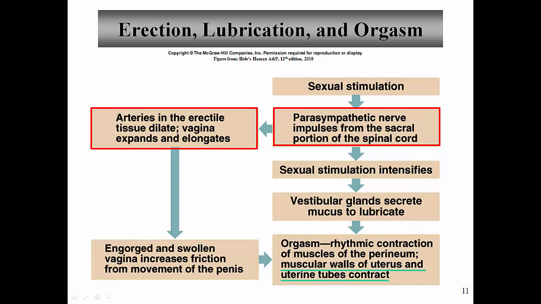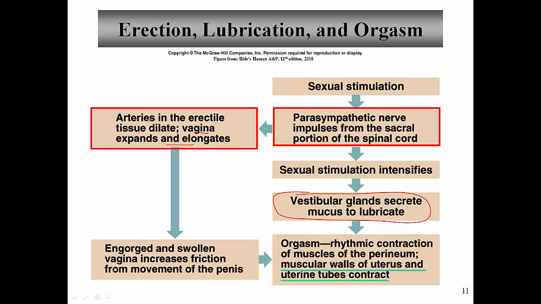And you'll see that here, this includes the vagina, which, as we mentioned before, expands and elongates. It also causes several other things like the vestibular glands to increase in size, being filled with blood. They also begin to secrete mucus. The Bartholin's glands secrete mucus. These are equivalent to the bulbourethral glands that are in the male, so these also serve to ease the entry of the penis into the vagina.